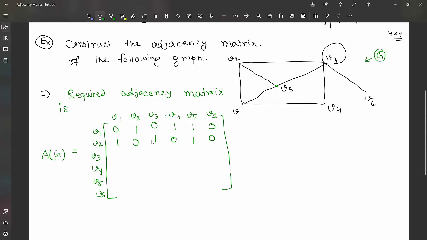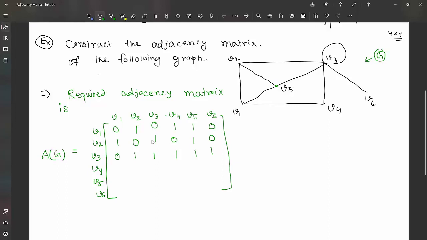Coming to V3, V3 is not adjacent to V1, V3 is adjacent to V2, V3 is adjacent to V3 because there is one self loop here. Now V3 is adjacent to V4, V5, and also V6. So without V1, V3 is adjacent to every other vertex.